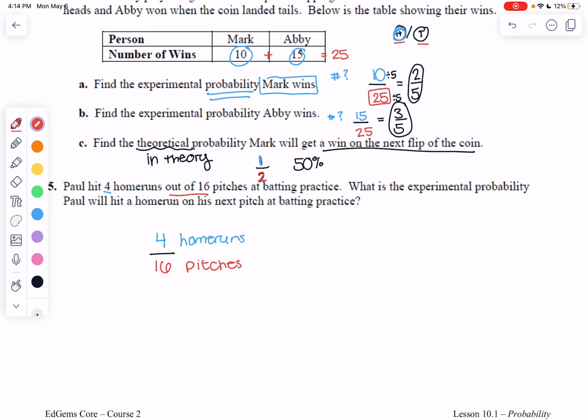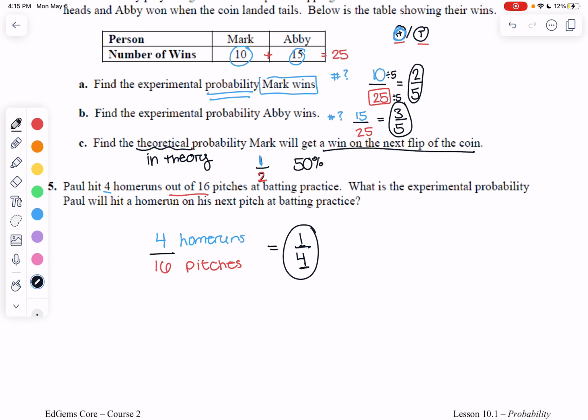Okay, well, I have 4 over 16. Also, this can be simplified. ABC, 1/4. Okay, so what would the probability that he hits a home run on his next pitch be? Well, it would just be this right here because every 4 pitches, I hit 1 home run, okay?